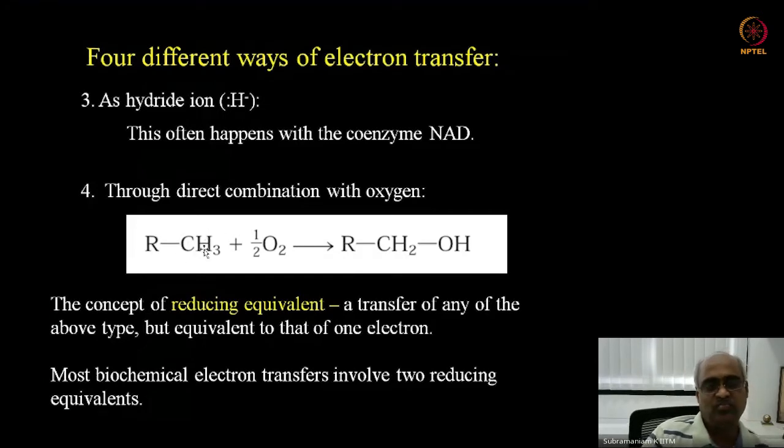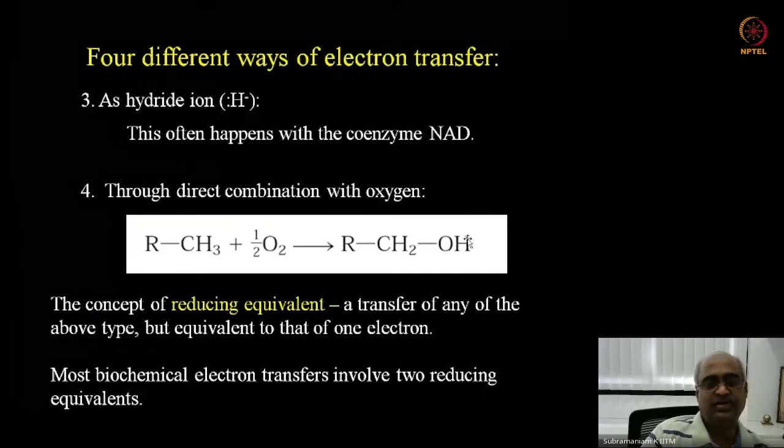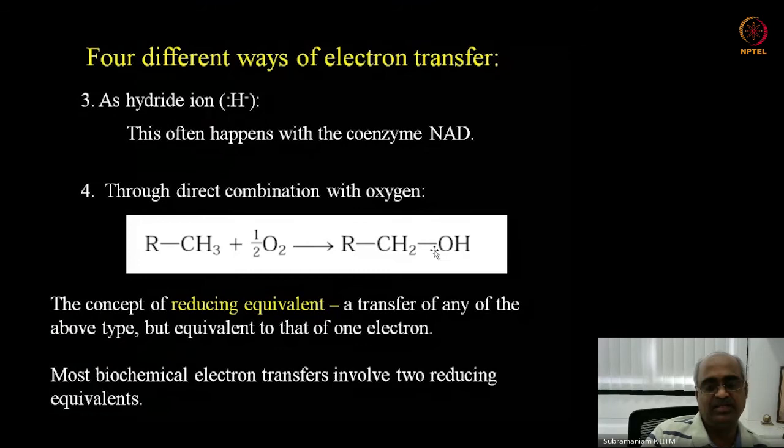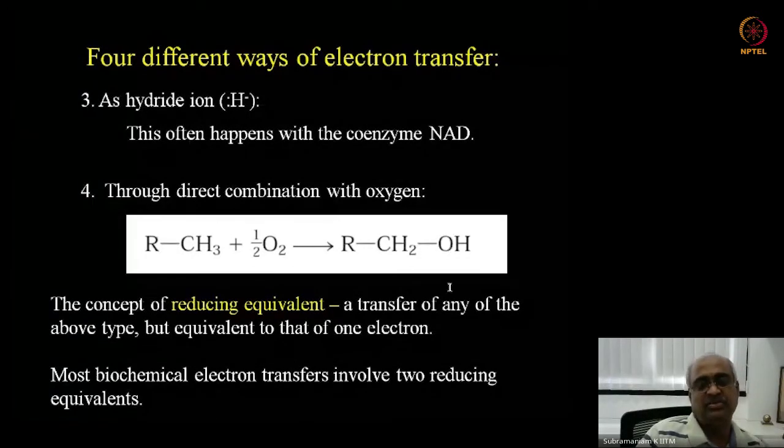Like here, instead of having all four valencies with hydrogen, one of them is with an oxygen, and therefore that pair shared with carbon, the carbon is sort of oxidized by partially losing it to this. Here you do not have a formal electron transfer.